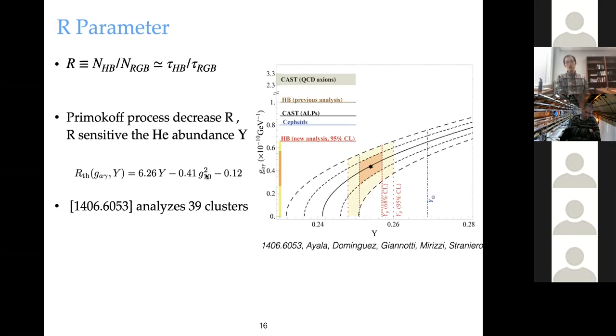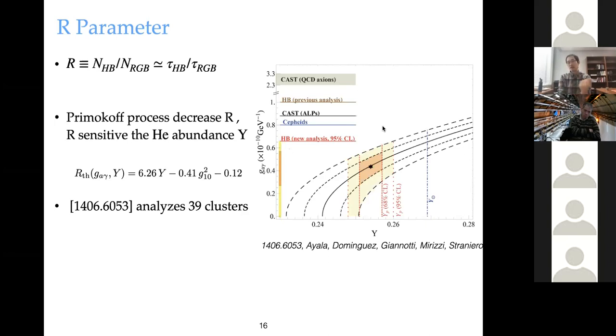And all this uncertainty boils down to this plot over here. This is the Y and g_aγ plot. The thing is, in the globular cluster, you cannot measure the helium abundance quite well, actually. So people normally put the initial value, just the primordial value of the helium.